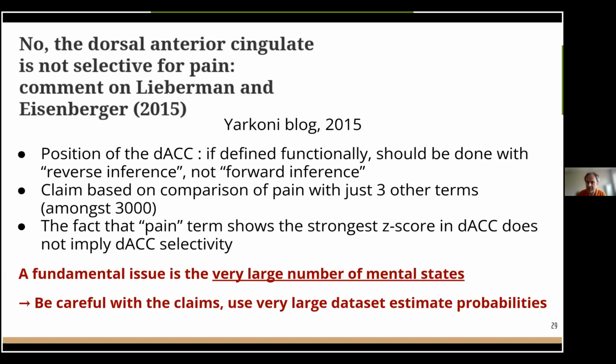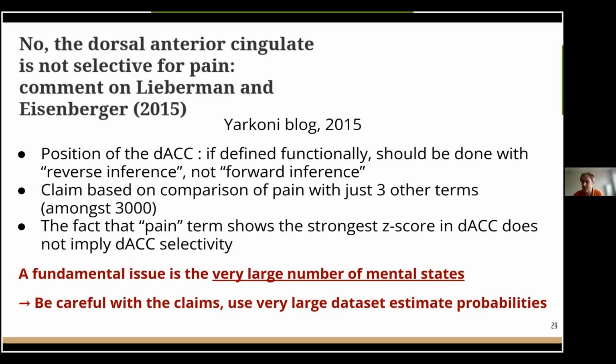That debate, I think, was very interesting actually, and really useful for the community to see and understand how we do reverse inference and how careful we should be with it. And I think one of the fundamental problems is that there are a very large number of mental states that are not always well studied and documented in our databases like Neurosynth and NeuroQuery. We also have to be aware of what exactly is the computation done.